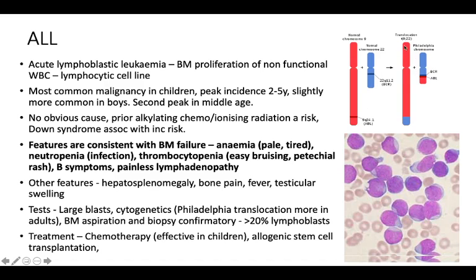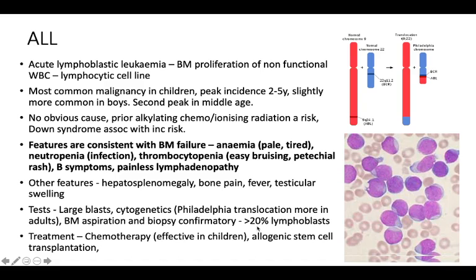This is between chromosome 9 and chromosome 22, which leads to a fusion of BCR-ABL. You might see that, but you confirm by doing a bone marrow aspiration and biopsy, and you look at the percentage of lymphoblasts to see if it's above 20%.